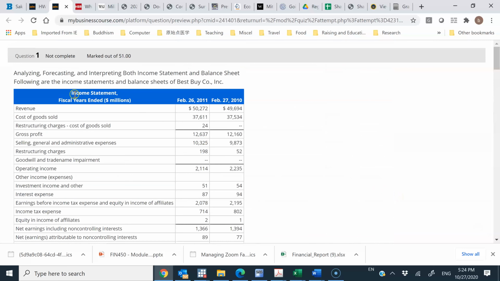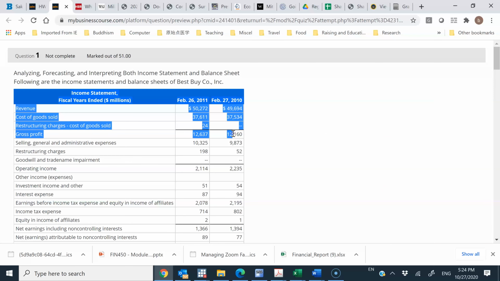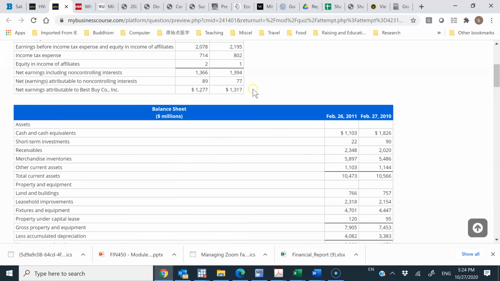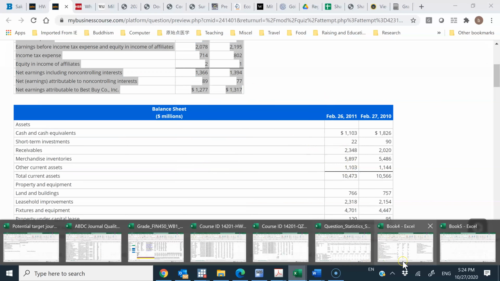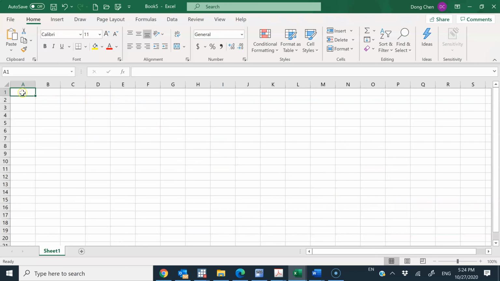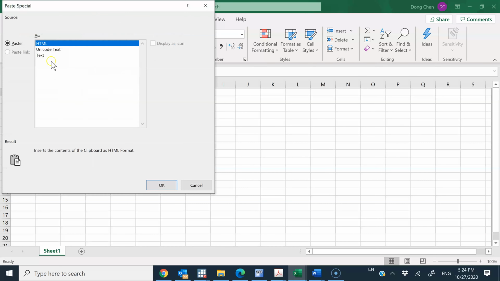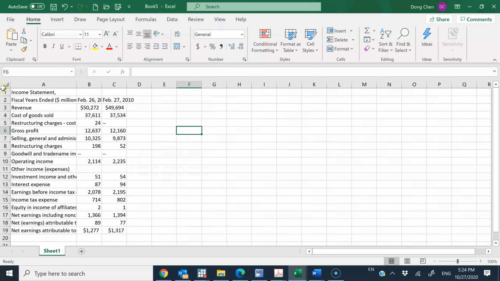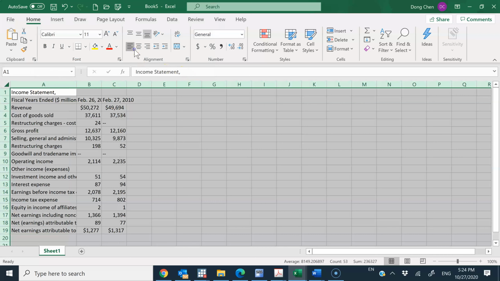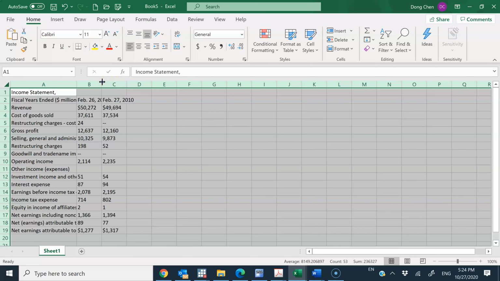All right, so as a starting point, we can first copy the current income statement and the balance sheet to Excel. So just paste it, paste special text. This way we don't have to manually input the numbers.